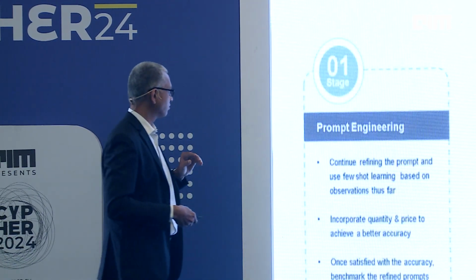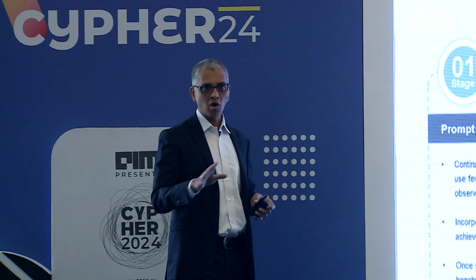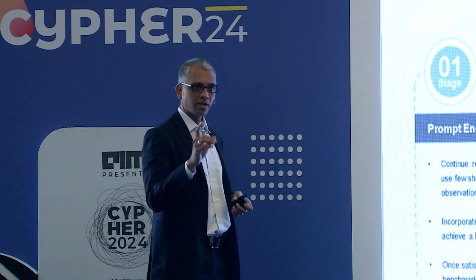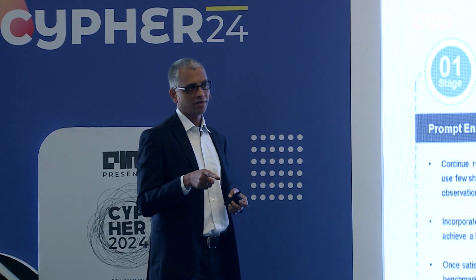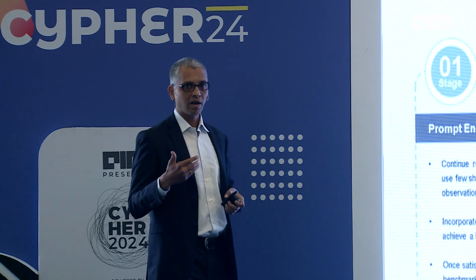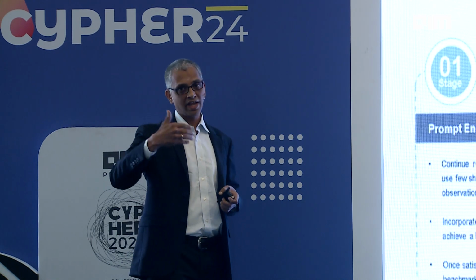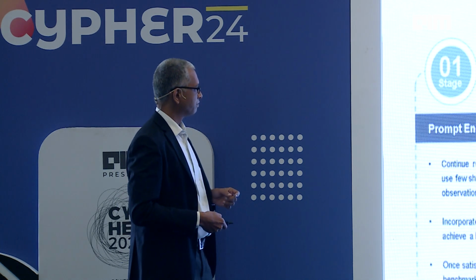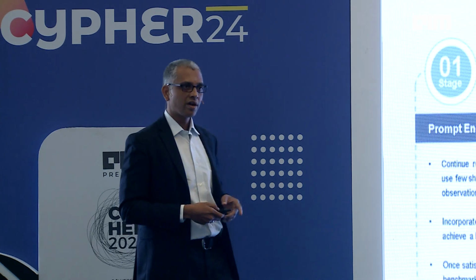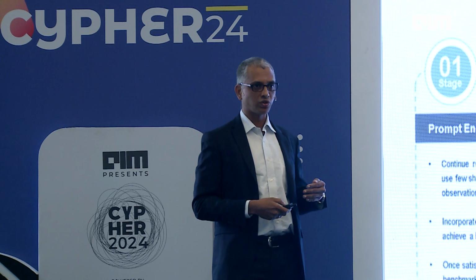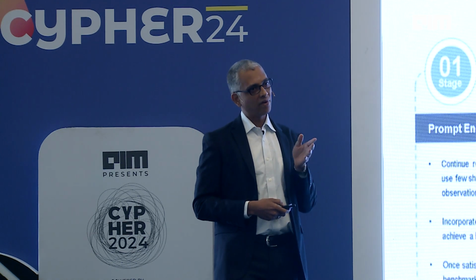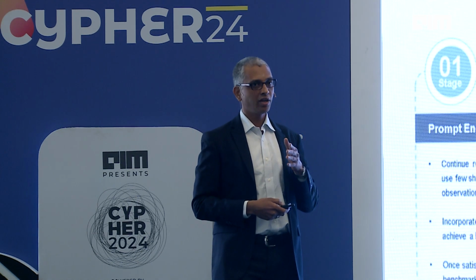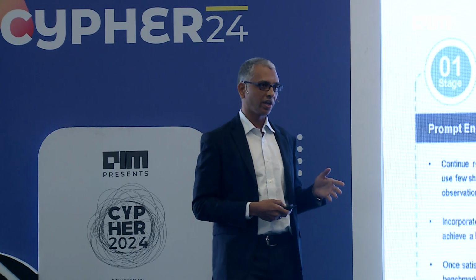So if you want to increase the accuracy, step one is prompt engineering. You do the prompt engineering and then create a benchmark, have some numbers on how it works, and try out different models. The second one is to try out alternative approaches also. If RAG is possible and meaningful in your use case, then you should try it.